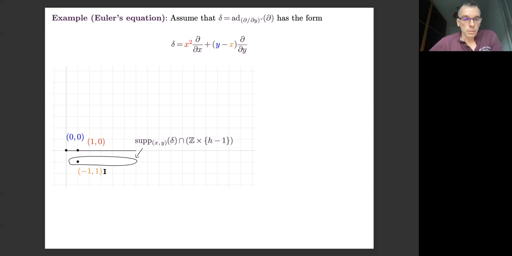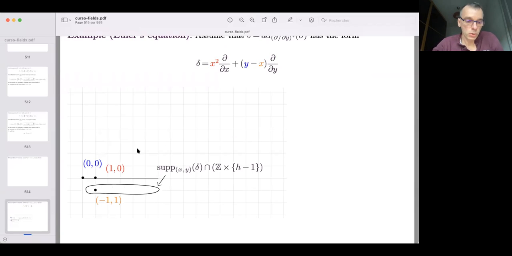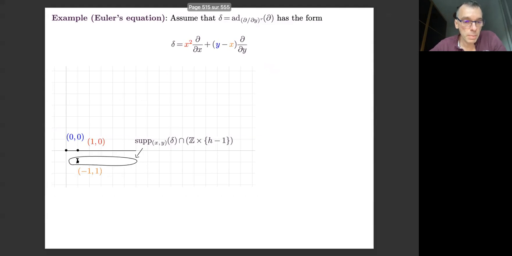Okay. So the Tschirnhausen transformation that I would like to do corresponds precisely to trying to eliminate all the monomials which are at height h minus 1, or in this case, it means trying to eliminate this orange vertex here. We try to eliminate this by making this change of coordinates: y goes to y minus x.